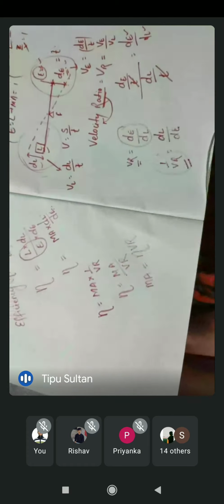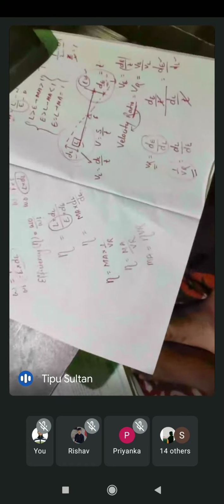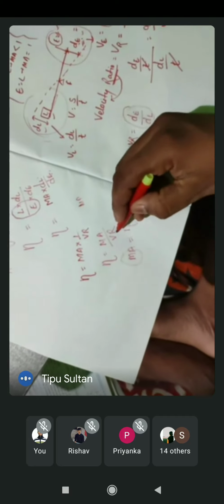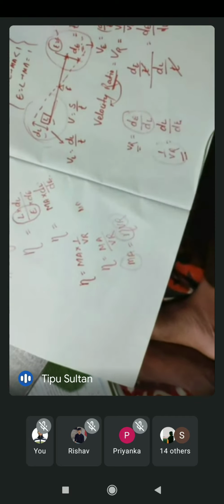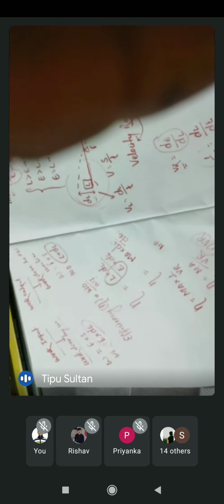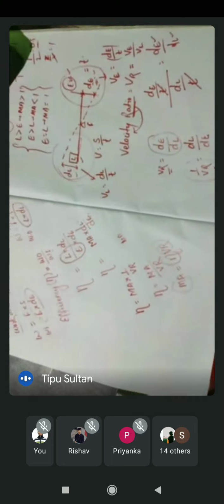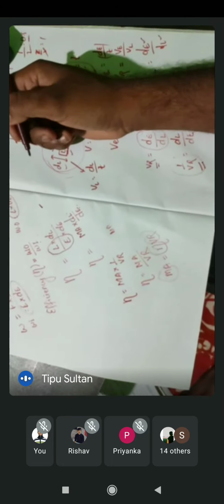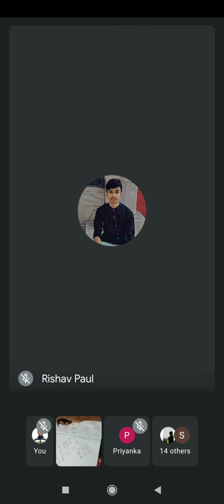So this is the relation between mechanical advantage, efficiency, and velocity ratio. Is there any problem in this?